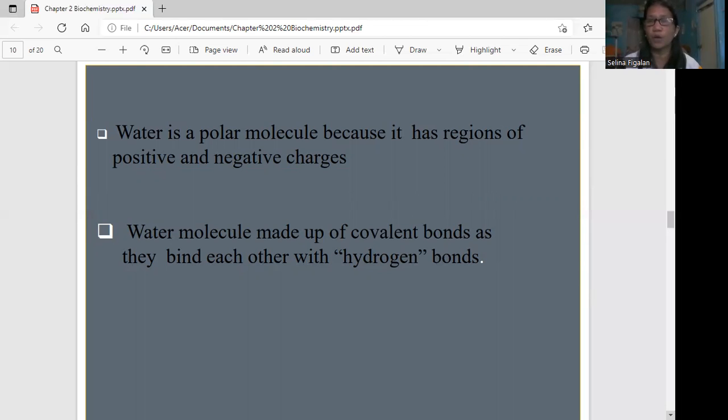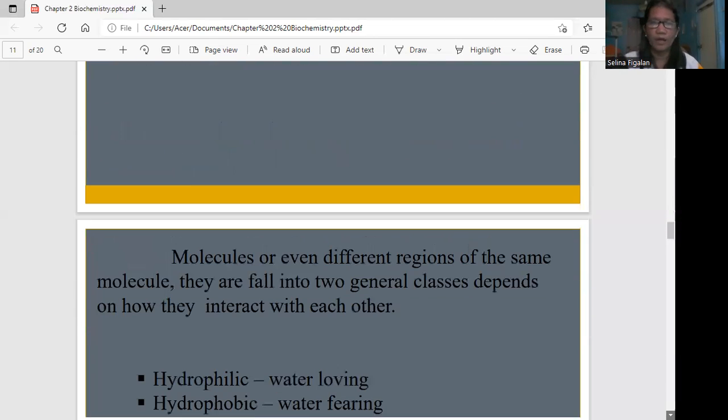That is the reason why I never mentioned that in general it is under the covalent bond, because there is another chemical bond, which is what you call the hydrogen bond. Molecules or even different regions of the same molecule fall into general classes, depending on how they attract each other.